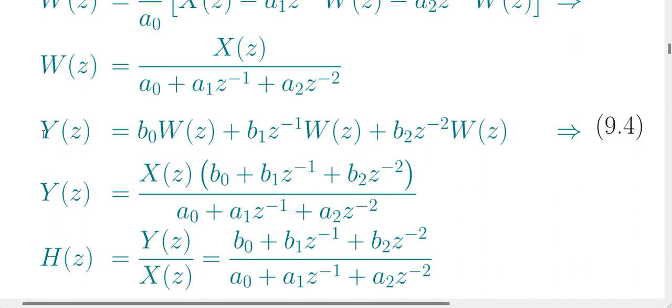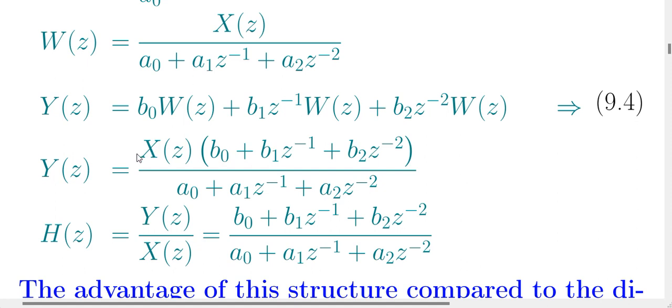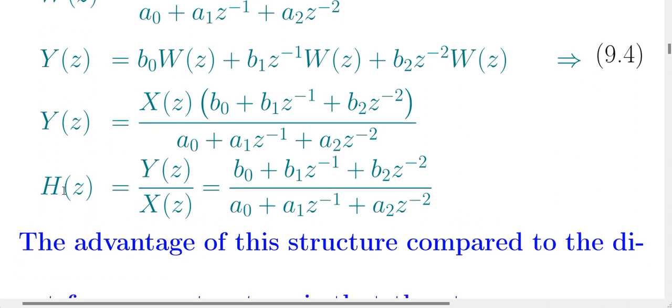The same strategy for output. So Y(z) will be equal to b0 W(z) plus b1 z^-1 W(z) plus b2 z^-2 W(z). Therefore, Y(z) will be equal to X(z) times b0 plus b1 z^-1 plus b2 z^-2 over a0 plus a1 z^-1 plus a2 z^-2, leading to H(z), which is equal to Y(z) over X(z), which is equal to the original result.